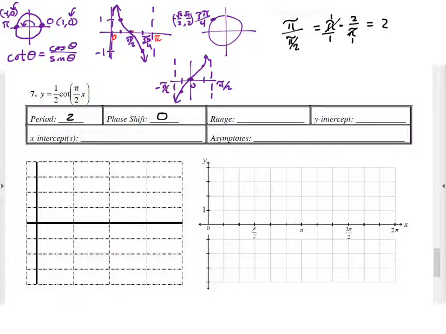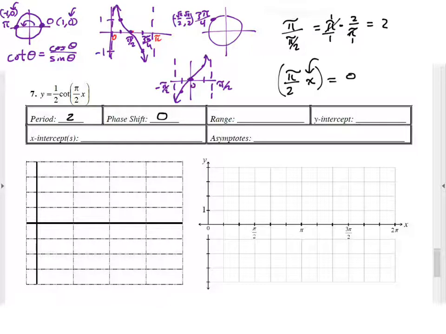Before we find our center, let's find our first asymptote. Now, what is our first asymptote on this standard cotangent graph? Right here at 0. So the question is, how do we make the inside of the cotangent equal to 0?